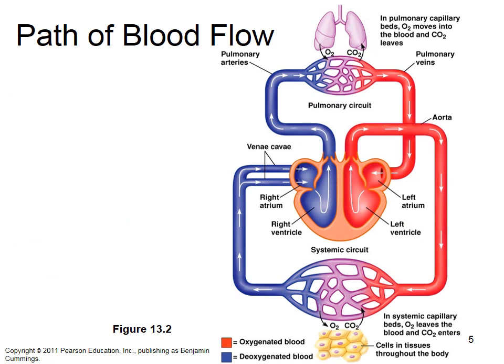I mentioned the systemic circuit and the pulmonary circuit, so here we have a more simplified plan for the heart. The right side of the heart receives deoxygenated blood from the systemic circuit, all those capillary beds supplying all the tissues that are not your lungs.